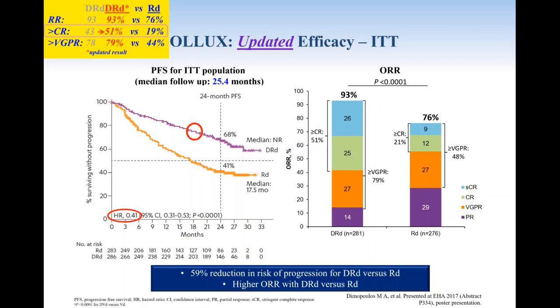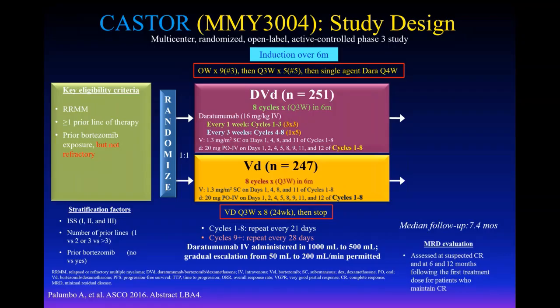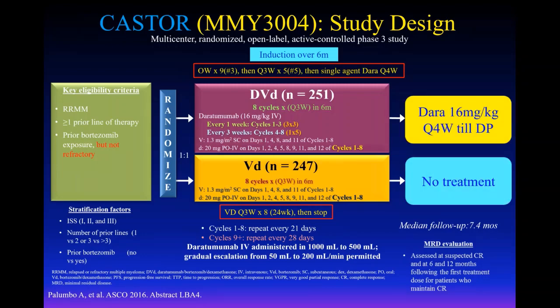And another study is the use of Daratumumab in addition to bortezomib-dexamethasone versus bortezomib-dexamethasone. In this study, after 8 cycles of induction, interestingly, in the intervention arm, the patients will continue to receive Daratumumab maintenance until disease progression.